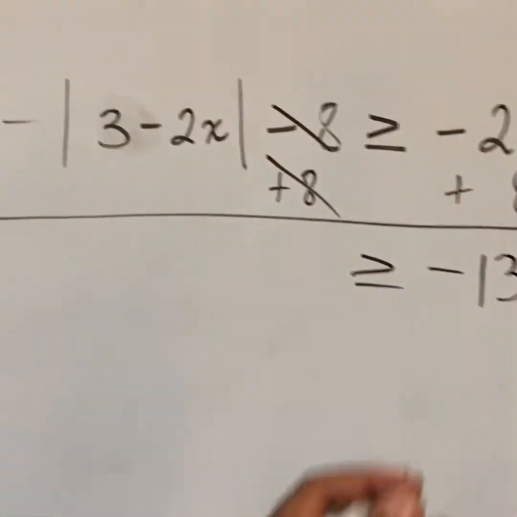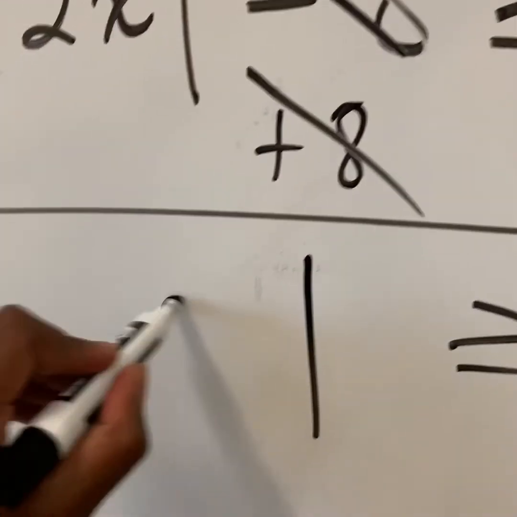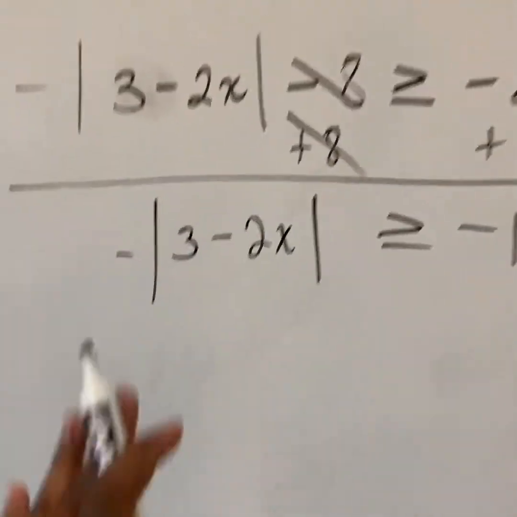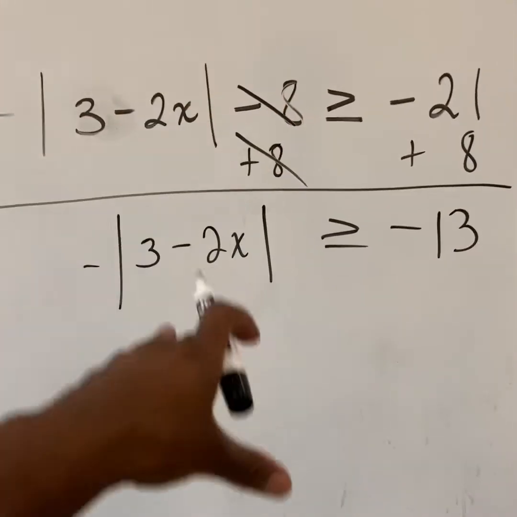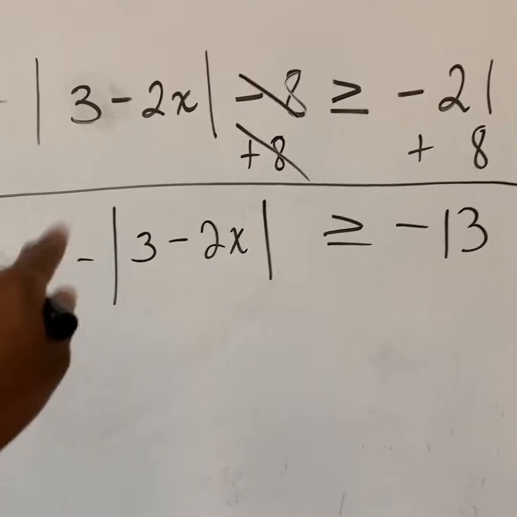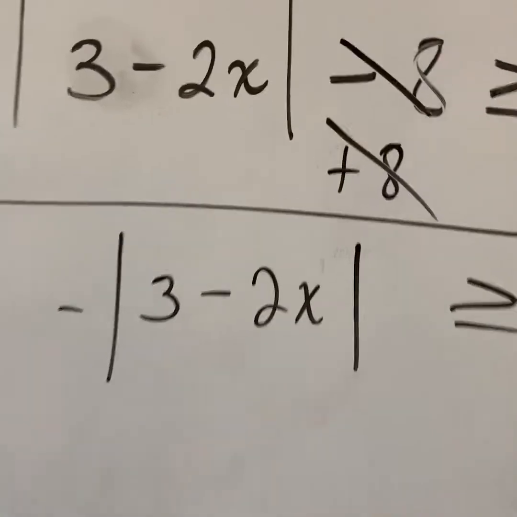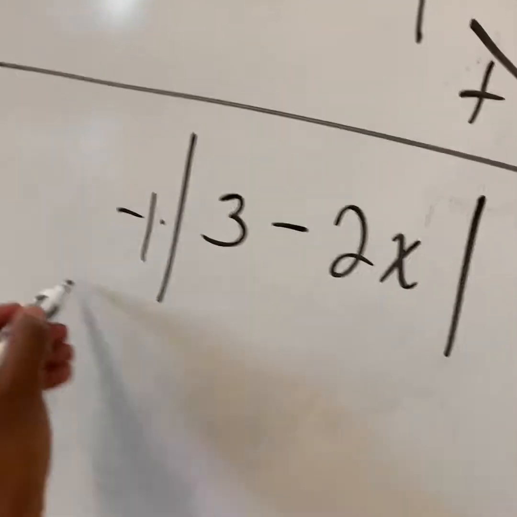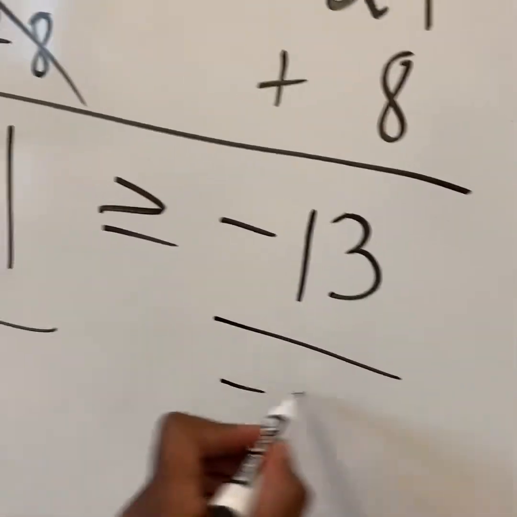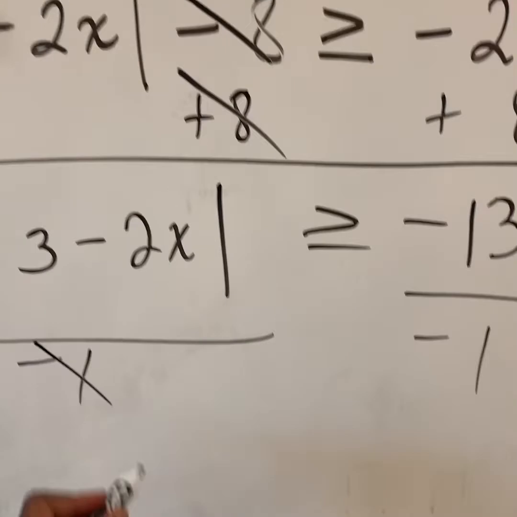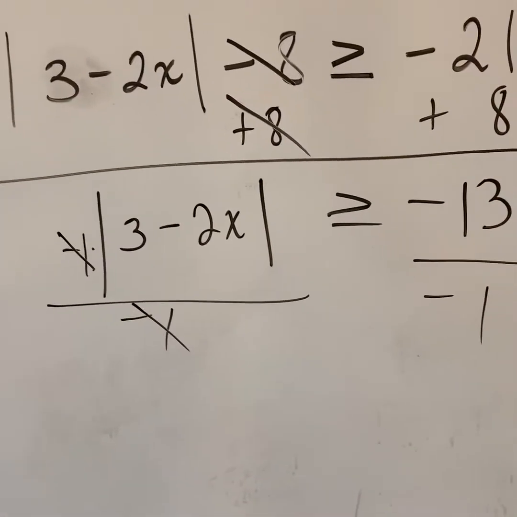Now what I do bring down is this absolute value. Now I can drop this whole absolute value down, but it has a negative sign sitting on the outside of it. And remember, that's understood to be a -1. So all I really need to do is divide by -1. So that's going to take care of that part. So now the -1 part of it is out of the way, that's gone.